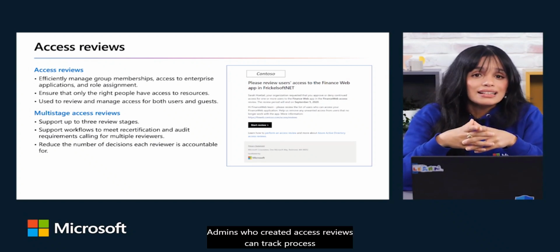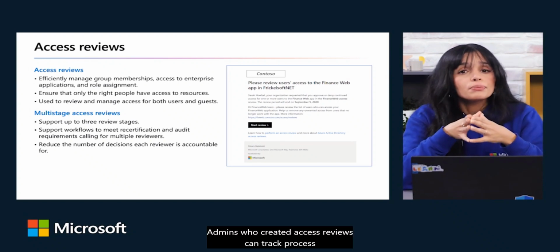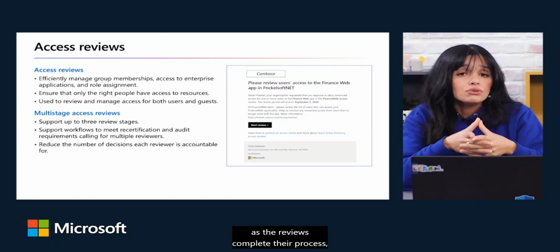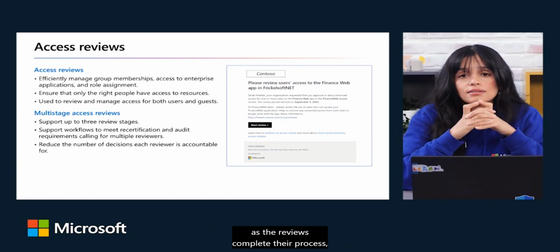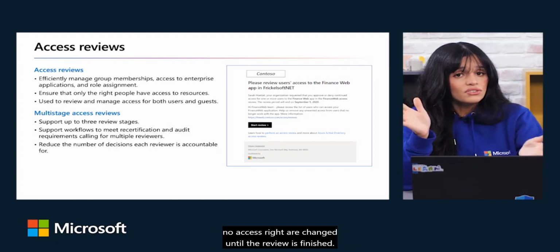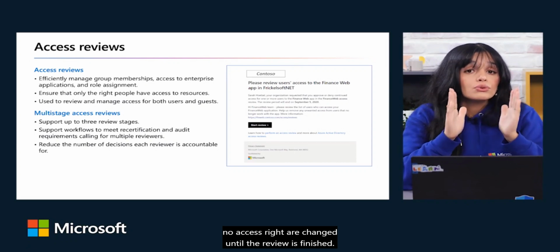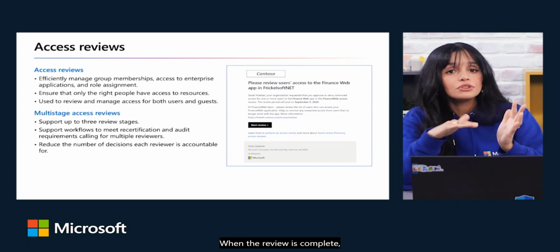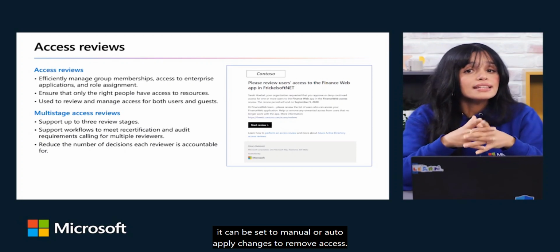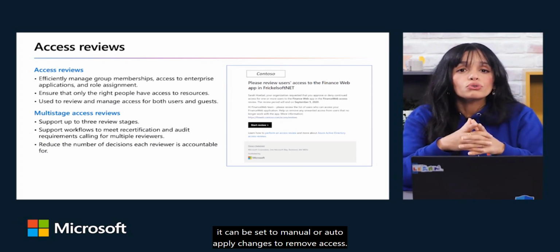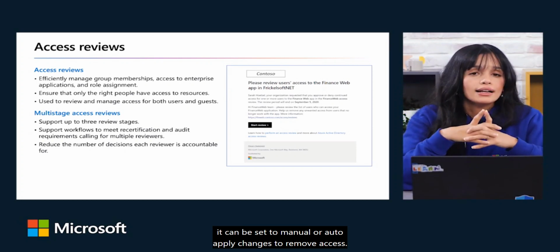Admins who created access reviews can track progress as the reviews complete. No access rights are changed until the review is finished. When the review is complete, it can be set to manual or auto-apply changes to remove access.